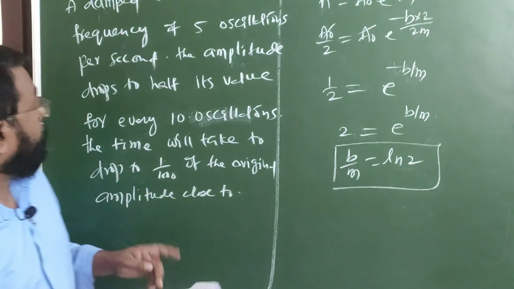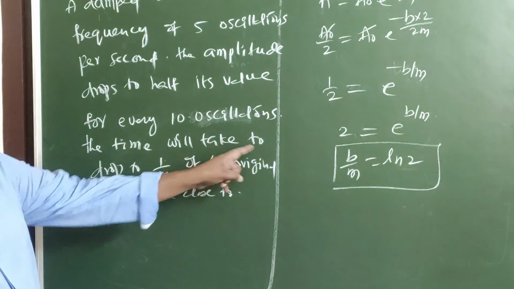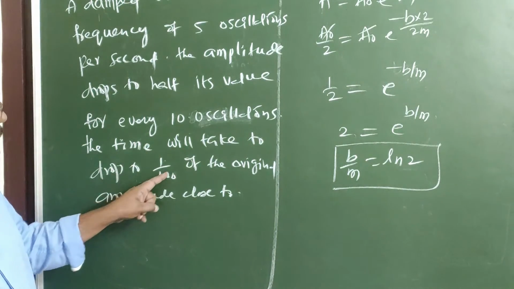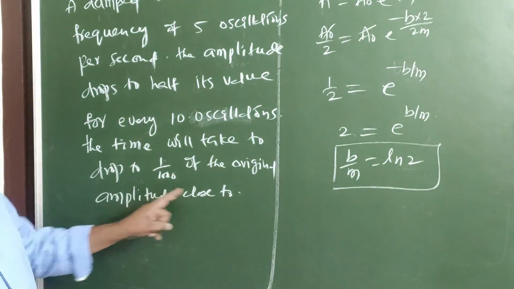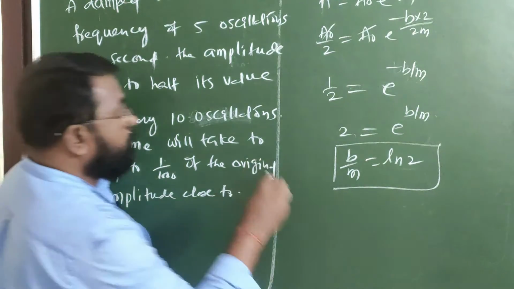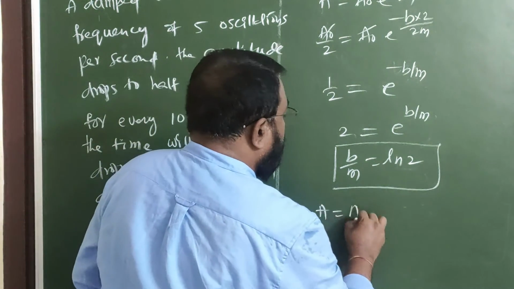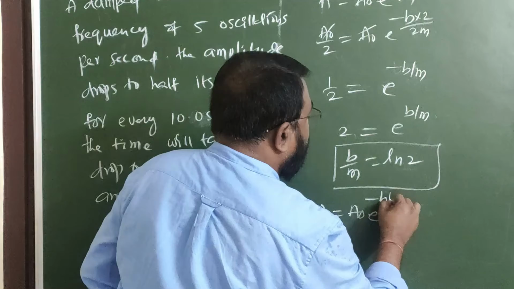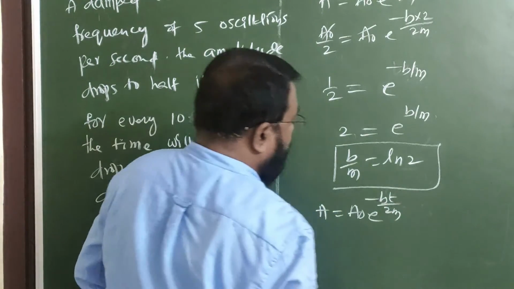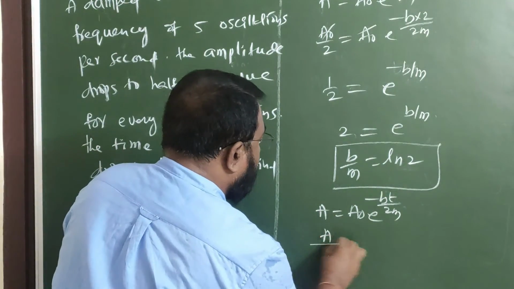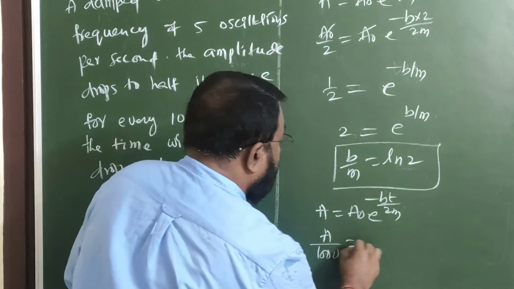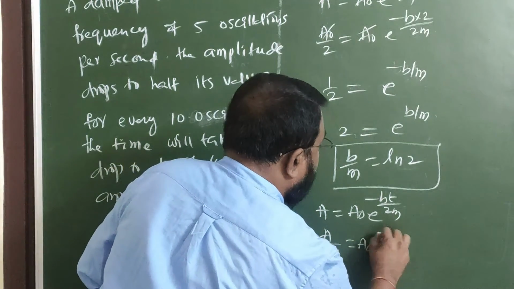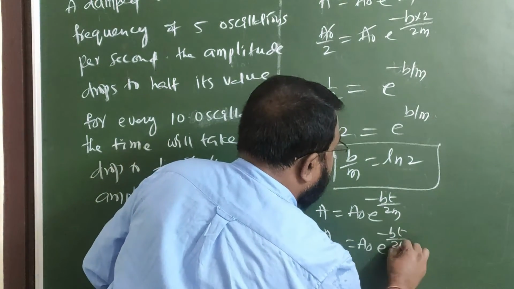Next one, the time it will take to drop to 1 by 1000 of the original amplitude is close to? See here, A is equal to A0 into e to the power of minus bt by 2m. This becomes A0 by 1000 is equal to A0 into e to the power of minus bt by 2m.